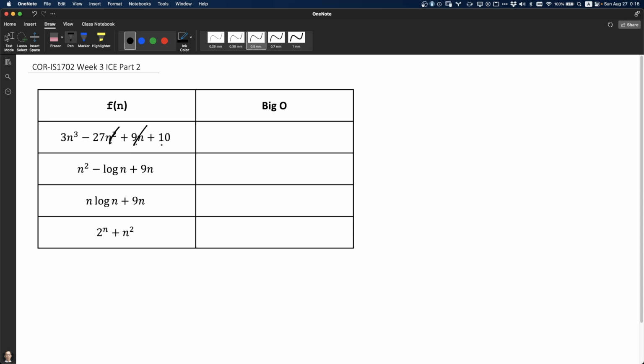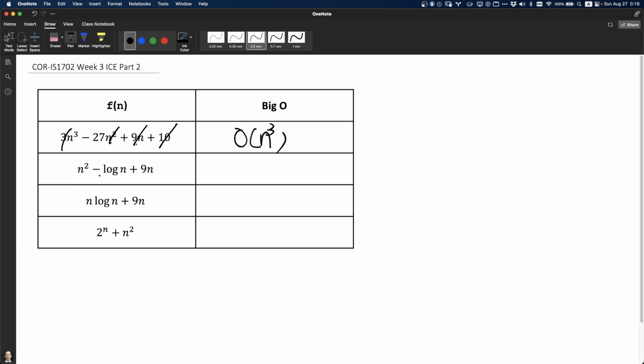And of course, it will dominate the constant term, which doesn't respond to the increase in n value at all. And when you write the final statement, the 3 over here is redundant. You can drop it. So you will write only n cube. All right, so I think this is the first part.